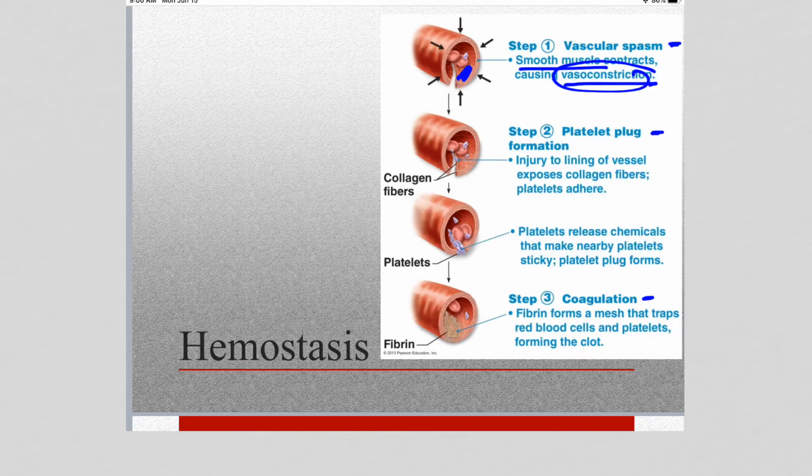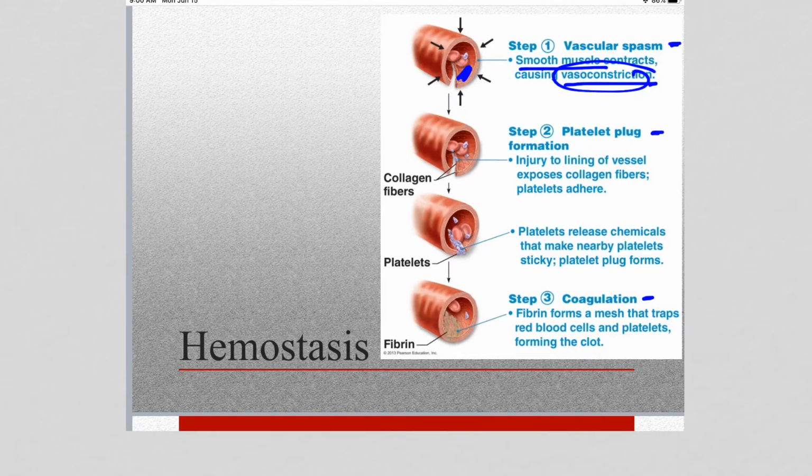The blood vessel is going to constrict so that the opening in the blood vessel wall becomes smaller. It reduces bleeding, and that helps the further actions of the platelet to secure the site or have hemostasis.